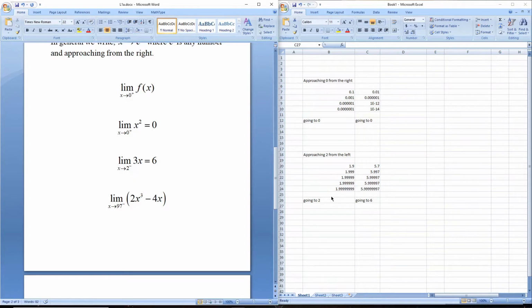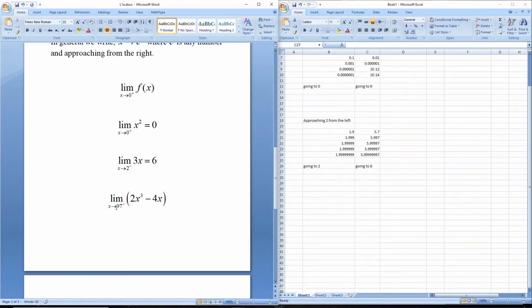Now, the first thing you want to think about is what are the correct x inputs that would represent approaching 97 from the left.